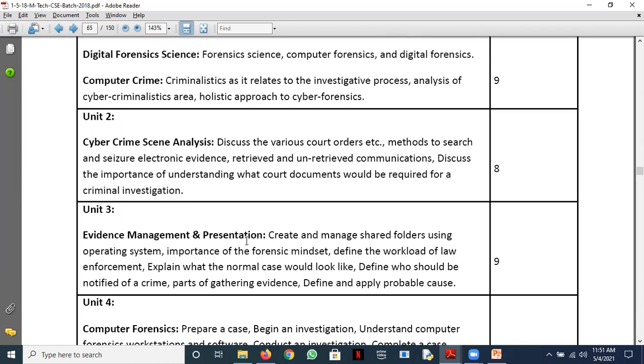How do we manage it, how do we keep it in various folders, create and manage shared folders using the operating system, importance of the forensic mindset, workload of law enforcement. Some technical terms would come in, but more or less it would be how you manage the evidence, how you keep it, how you present it.